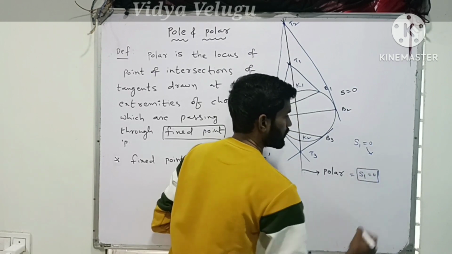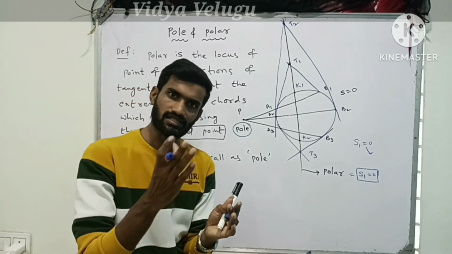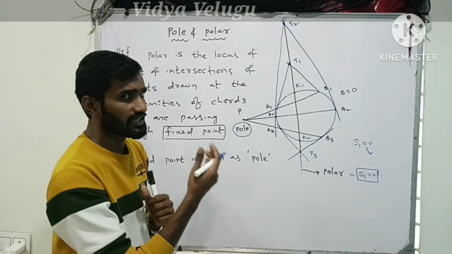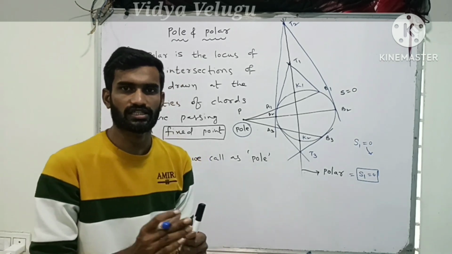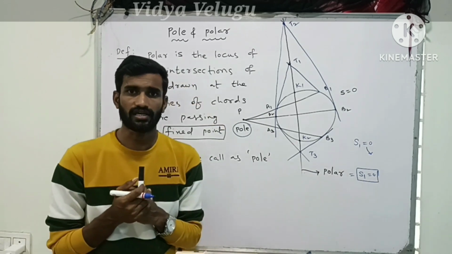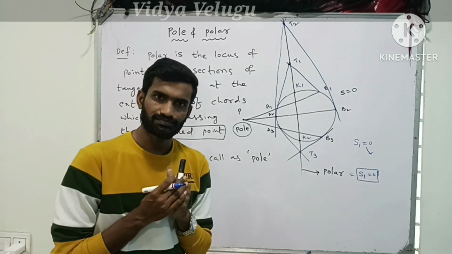Right? Now, what is S1? What is S11? What is S12? We already saw the notations. We'll tell you again what the notation is for S1 and S12, so don't worry about all these things.